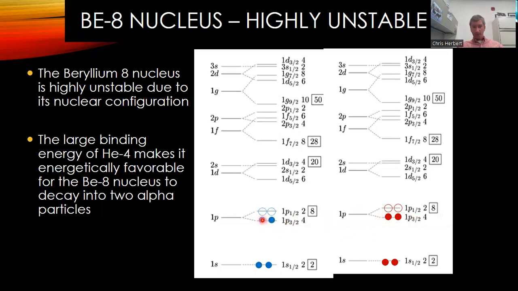We could simply have these 2 protons and neutrons go off on their own and drop to the ground state and fill that shell. And that's energetically favorable for that to happen. So beryllium-8 is very, very famous for being an extremely unstable isotope that exists for a very brief fraction of a second.